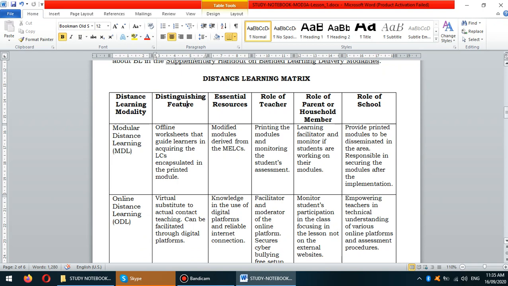In each modality, actually, they differ when it comes to the feature, the resources, and the role of teacher and parent, and of course the school, because they are varying when it comes to components. There are some that are linked to each other, but most of them are varying when it comes to their essential needs in establishing these learning modalities.